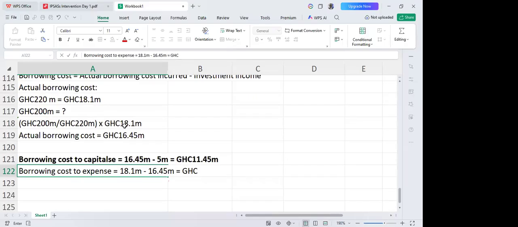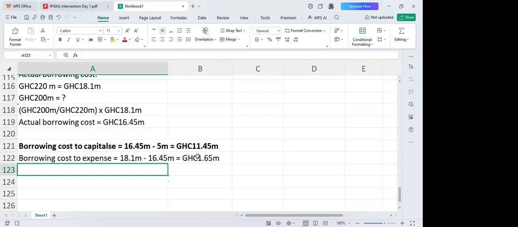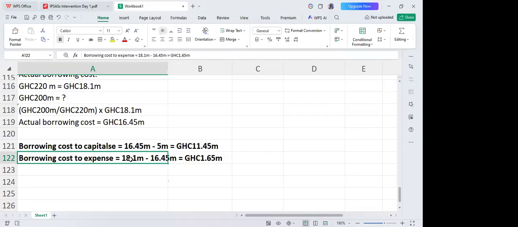What will be the value that we expense? 1.65 million. So this is the one that relates to what you're supposed to expense.